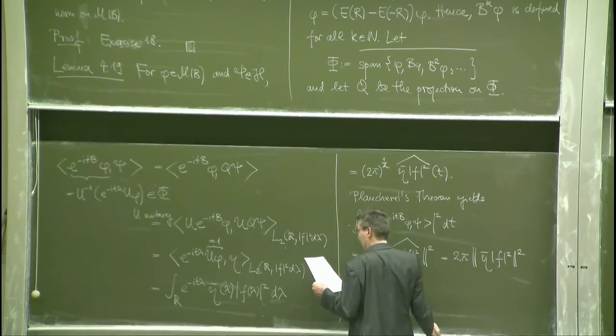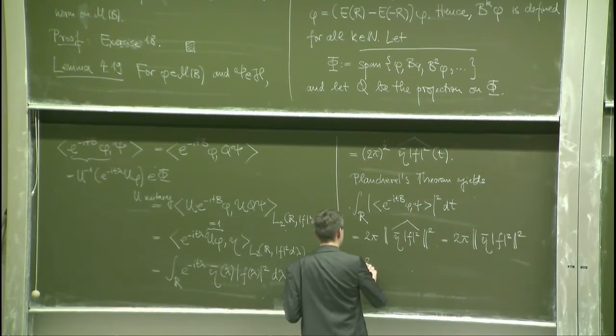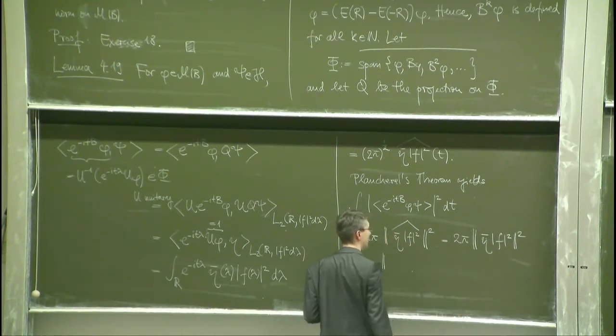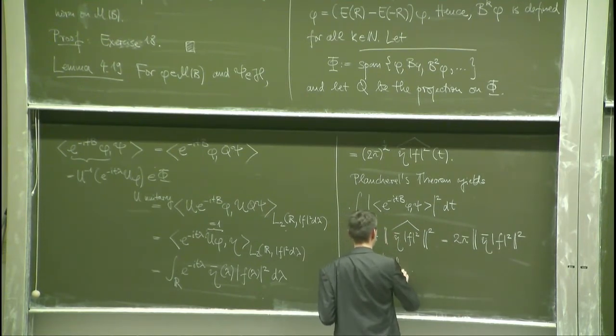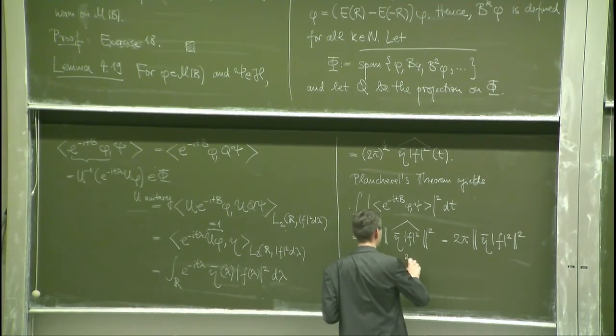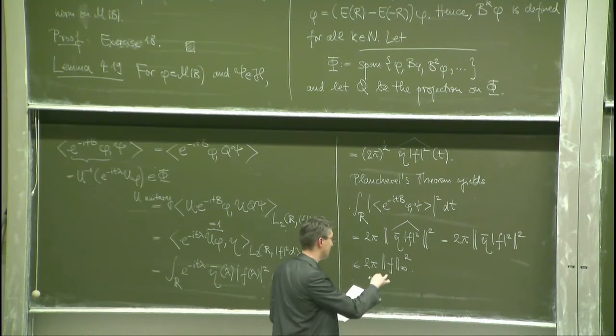Yeah, but what can we do here? We can estimate this by 2 pi. We can pull it in front of the integral so that we have the infinity norm of f to the power of 2. This is what we can pull in front of the integral.